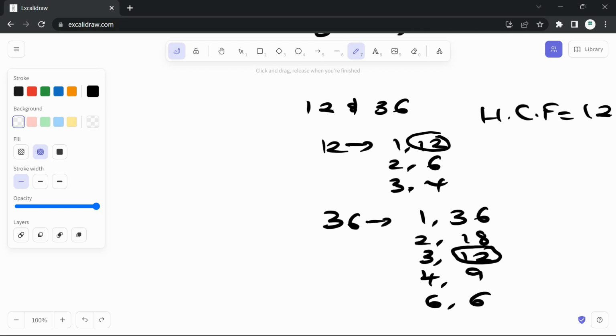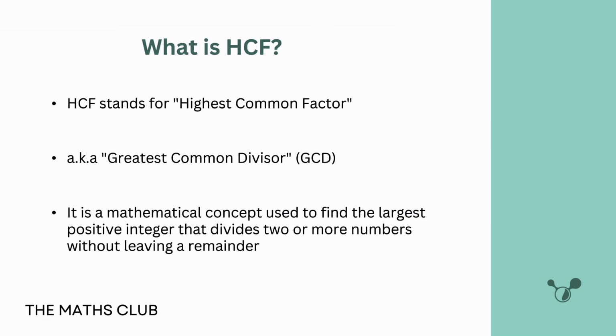You have to look at what is actually present in both. And you can see 12 will divide 12 and divide 36 conveniently. So that is what we mean when we say highest common factor: the largest positive integer that divides two or more numbers without leaving a remainder.